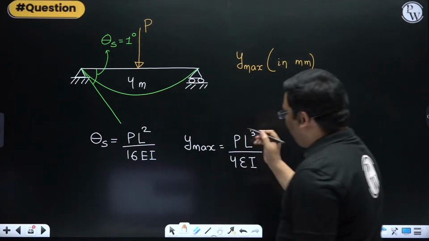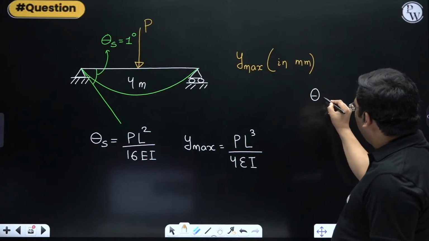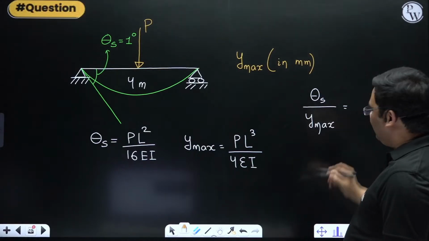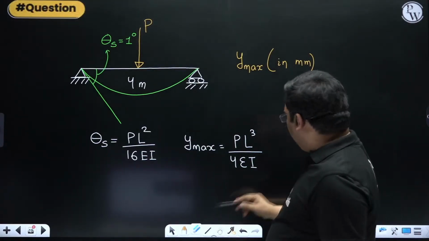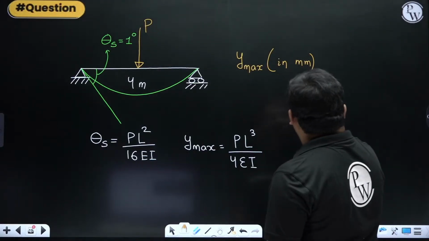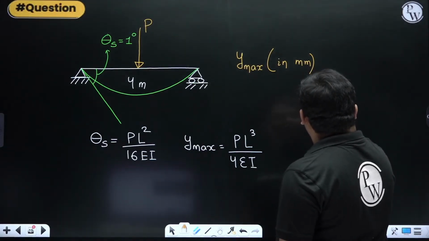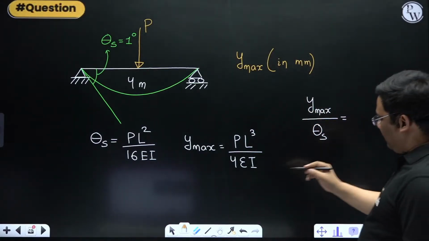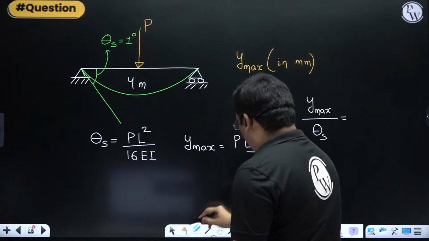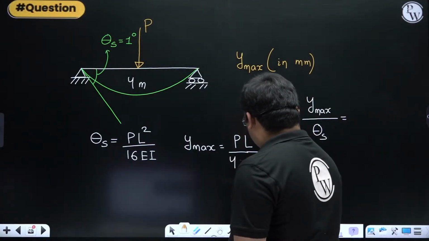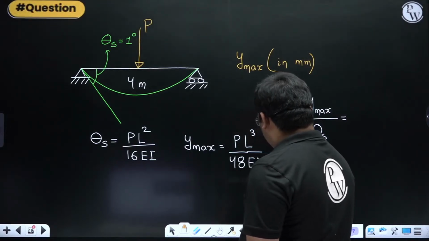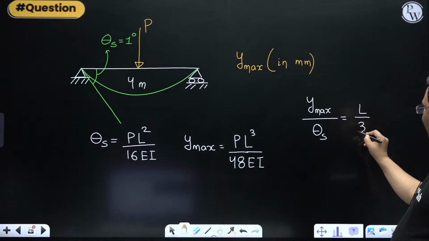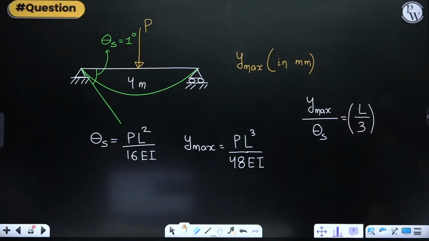Now see, if you take the ratio of maximum deflection by slope at supports, you will be getting what? If you take this ratio, you will be getting L by 3.